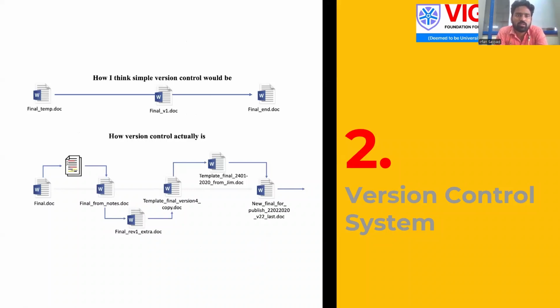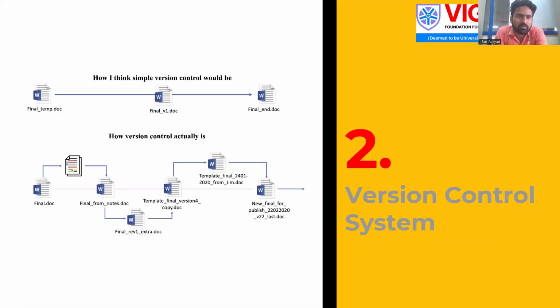So how a version control system actually works, let me go to this example, final.docs. That is a final document from the manager. He sent it to his teammates. So individuals have their own work, and everyone splits their work separately. Then they are going to do their work on that particular field.